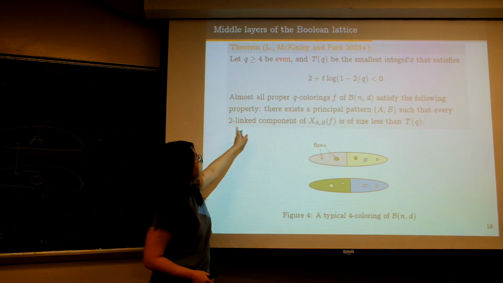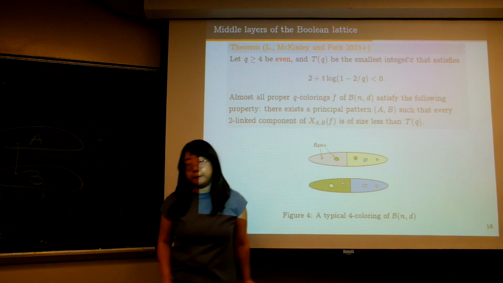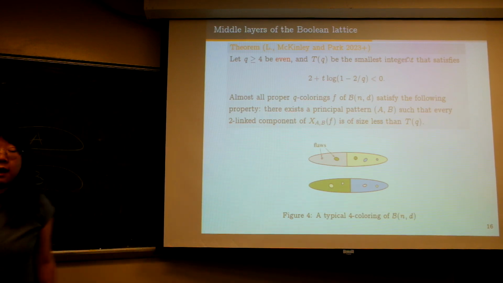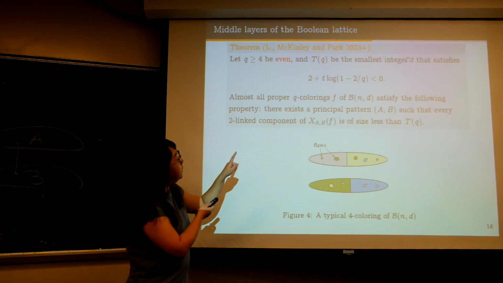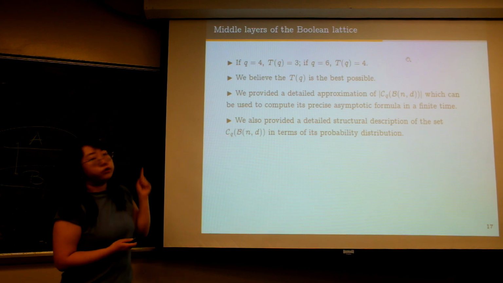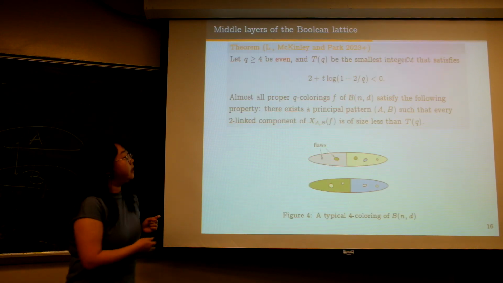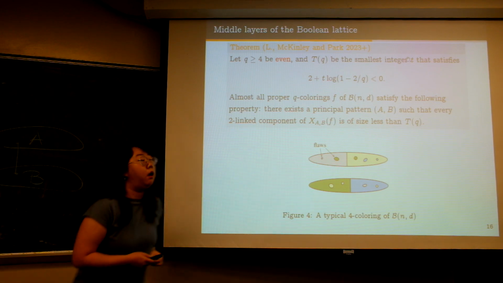Each of the flaws refers to the two-linked components I mentioned here. To give you an idea of how small those flaws are, when Q is equal to 4, this TQ is equal to 3, which means each of these flaws has size at most 2, so it's very small.